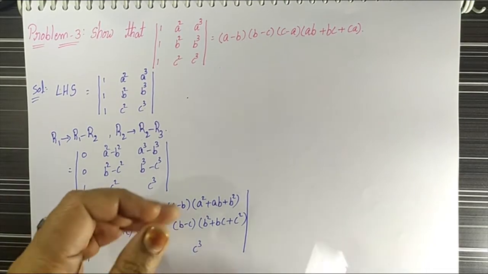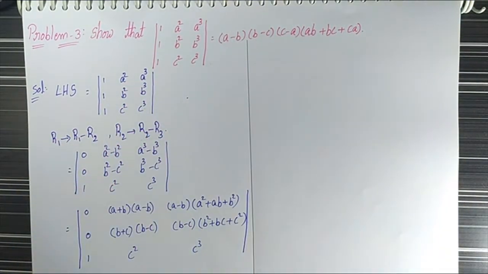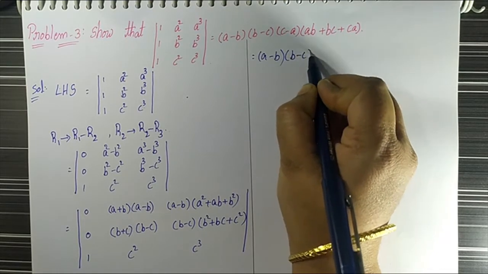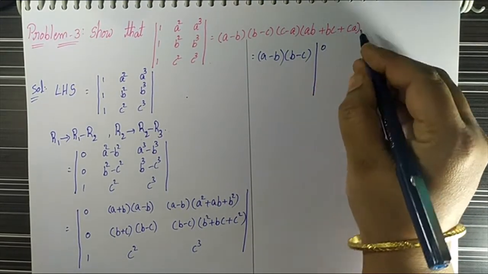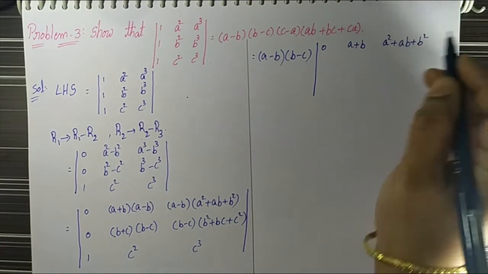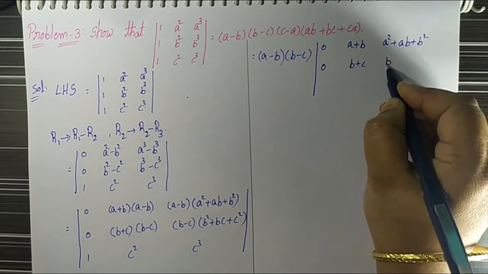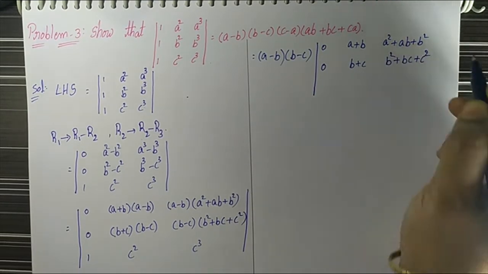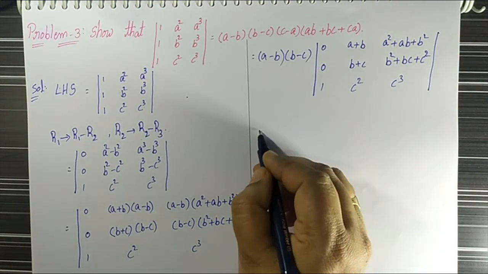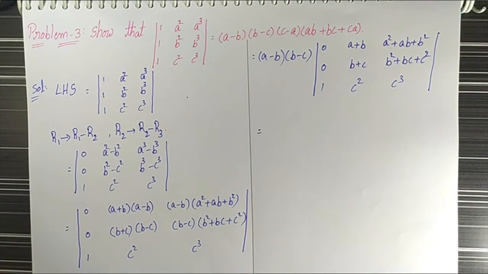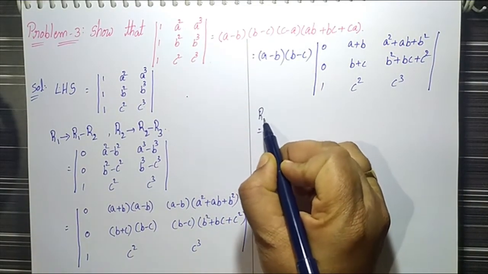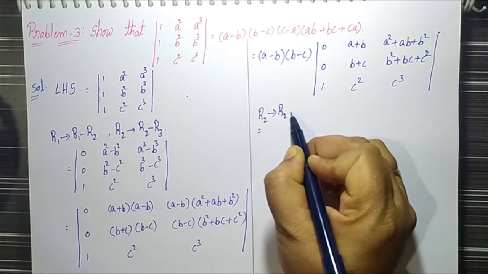Then that is equal to (a minus b)(b minus c) times the determinant |0, a plus b, a² plus ab plus b²; 0, b plus c, b² plus bc plus c²; 1, c², c³|. In the next step we take another operation: R2 goes to R2 minus R1.